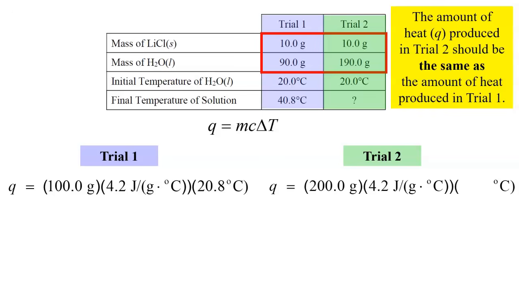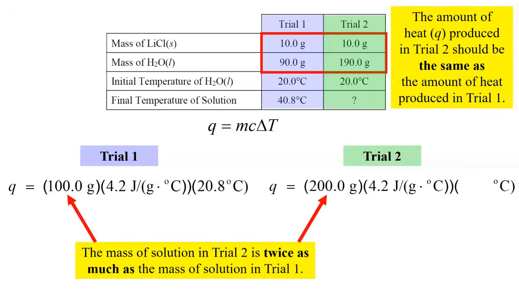So trial 1, I have 100 times 4.2 times 20.8, and that's my value of Q in joules. For trial 2, I have 200 times 4.2 times a delta T that I haven't determined yet. But since the amount of heat, or Q, is the same, then we can look at this inverse relationship between mass and delta T in this equation.